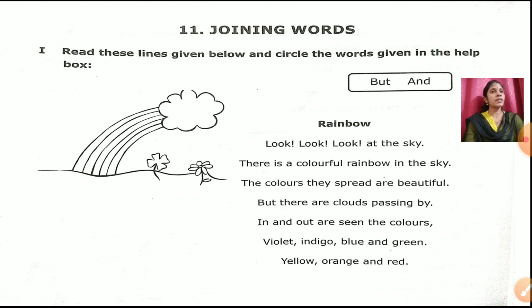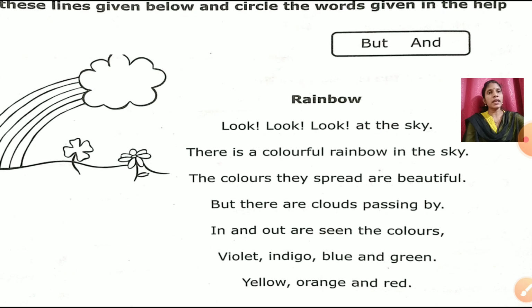You can see there one help box is given. Inside that, which words are written? But and. Two words are given inside the help box, that is but and. So these two words we have to circle in the lines given below. One minute, I will just enlarge it.